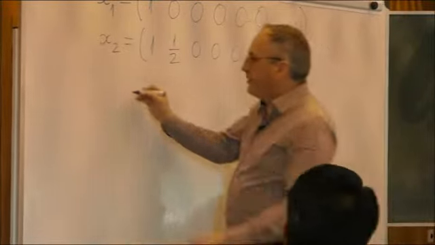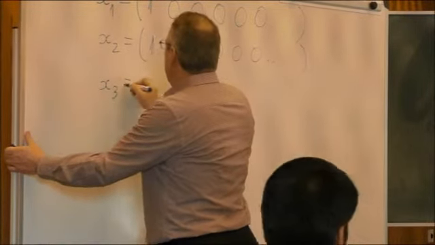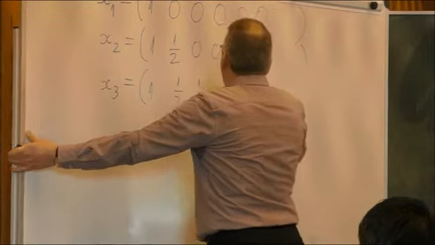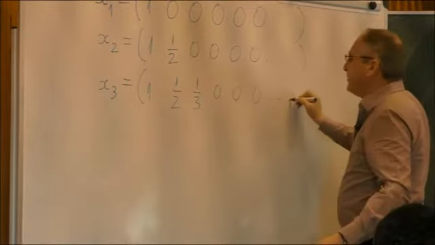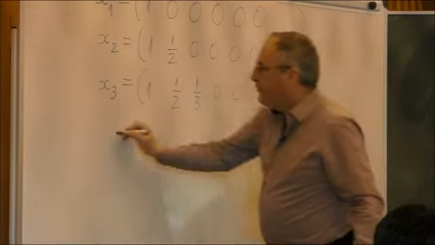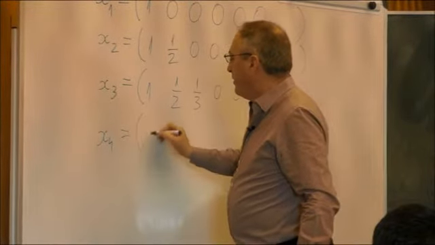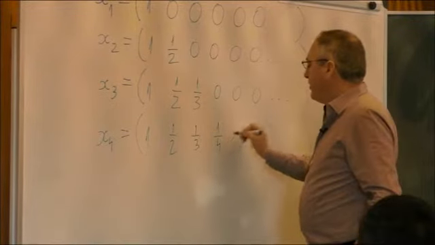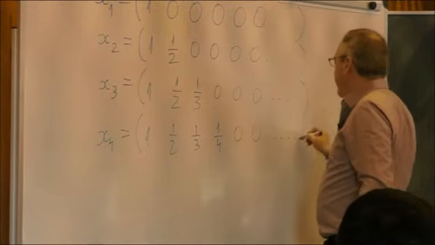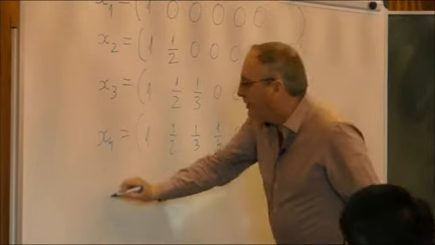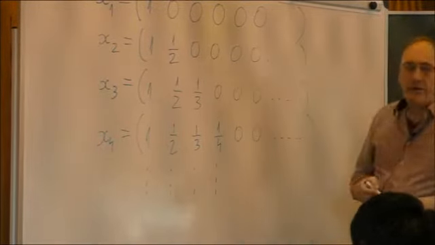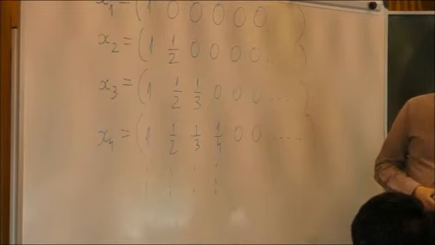The third vector, x3, is 1, 1/2, 1/3, 0, 0, 0, and so on. The fourth vector is 1, 1/2, 1/3, 1/4, 0, 0, 0. Now it's pretty obvious how this continues, right?